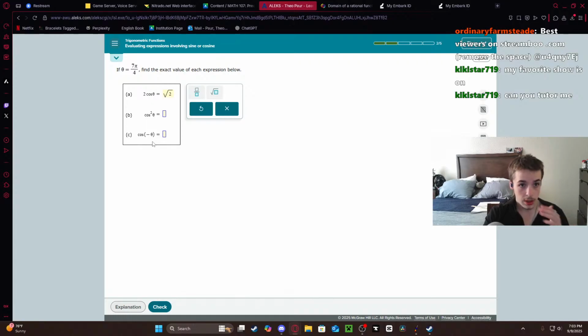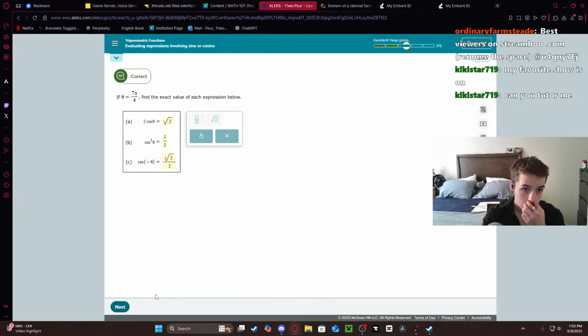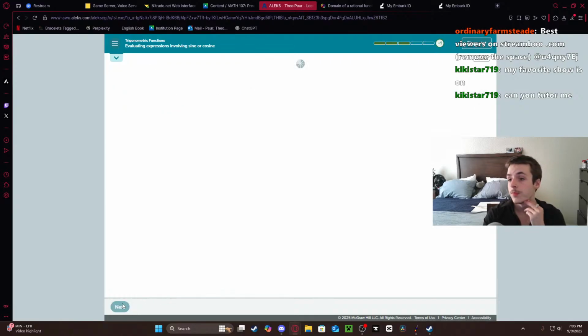Cosine squared, wouldn't you just have 1/2? I remember this one. And then cosine of the negative angle puts you all the way here, and it's the exact same thing. Square root 2 divided by 2.